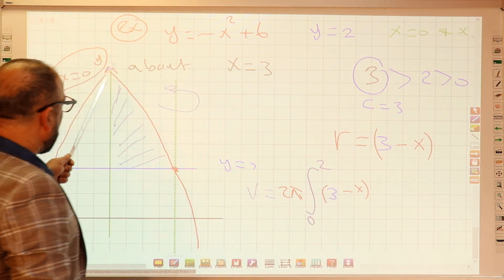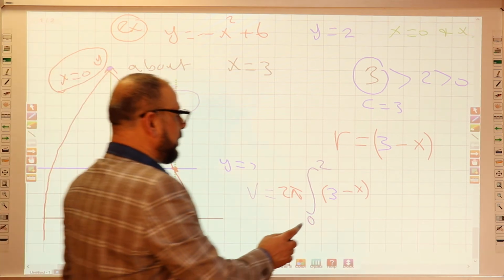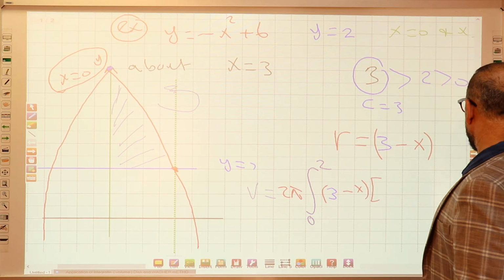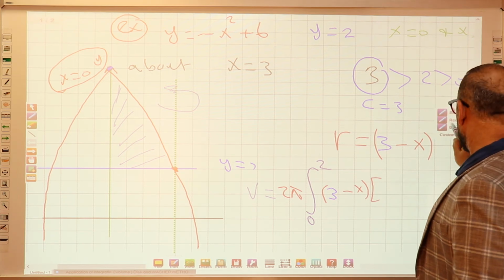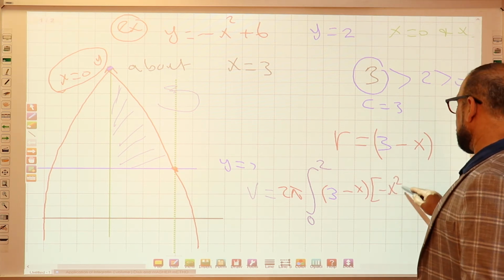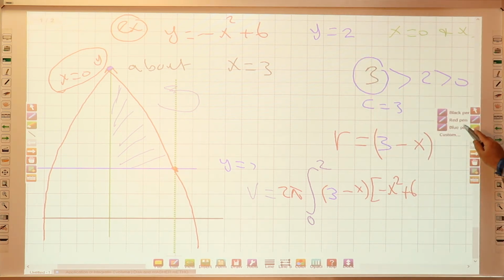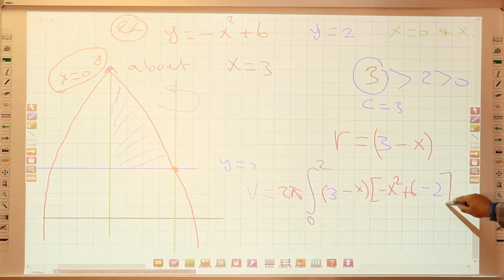Which function is on top? Negative x squared plus 6, minus the one on the bottom, 2. That's easy to integrate, and everything dx.